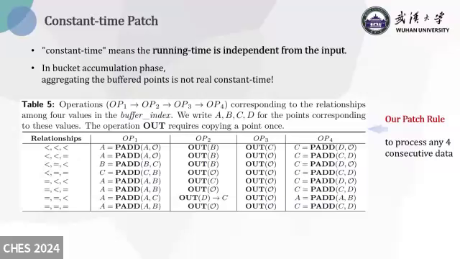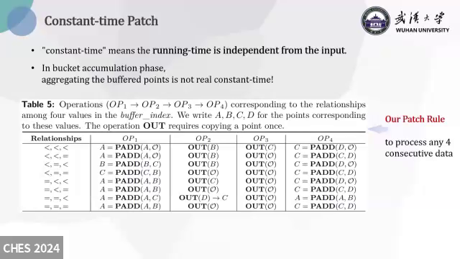The constant time property means that the running time is independent of the input. Since we used an algorithm similar to binary search in the final stage of bucket accumulation, this part is not truly constant time.